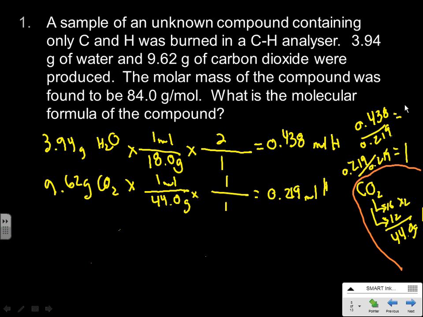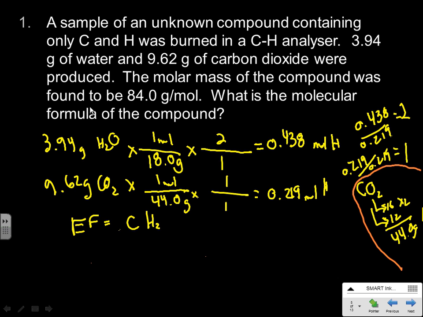Is that 2 up top? 2. So our empirical formula is, and we usually start with the C's because it usually goes CH something, C1H2.